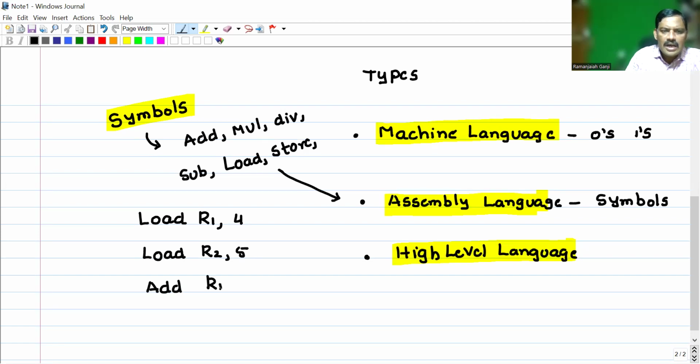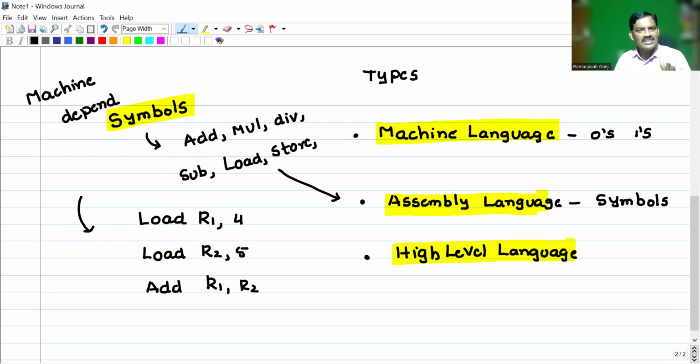When compared with zeros and ones, this assembly language can provide you somewhat easiness, though not that much easier compared with machine language. So again, there is a difficulty with assembly language also. For example, there is a machine dependency problem.